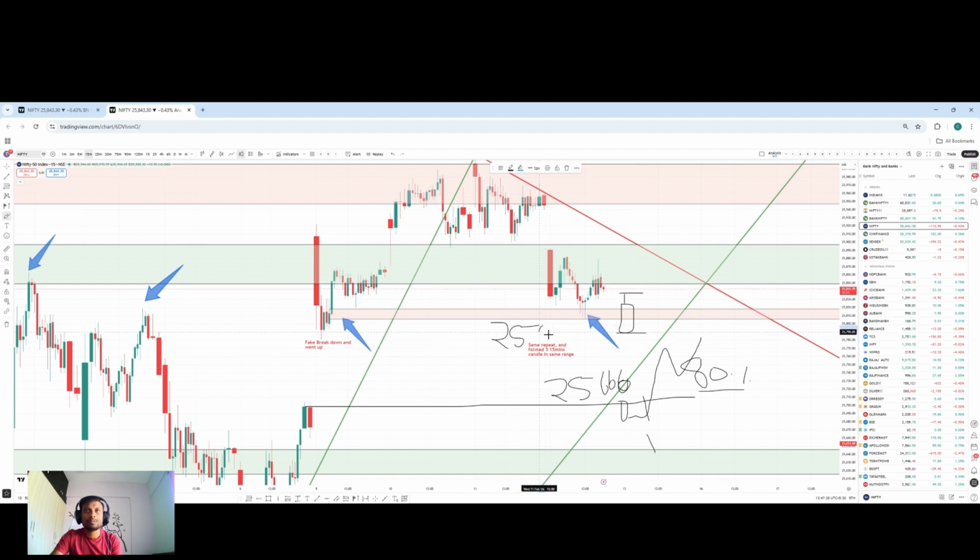So upside, on the breakout of the 25,922 level, we will initially aim for a target of 26k, because that is a very big resistance at the moment. Now if 26k is broken with a strong candle, then we can aim for 26,122 and above that 26,222.